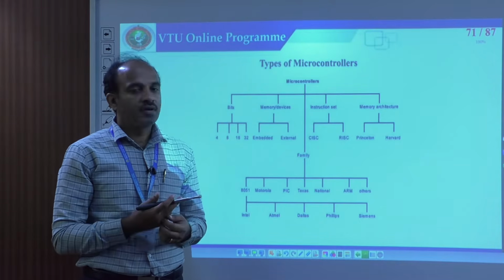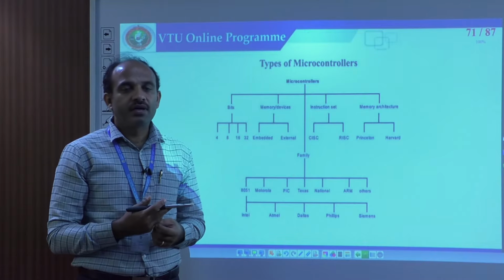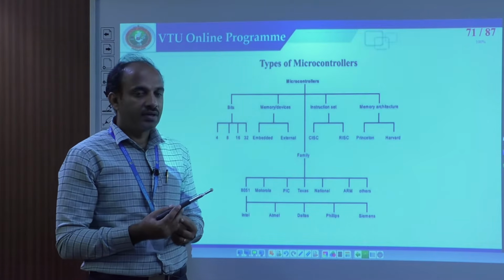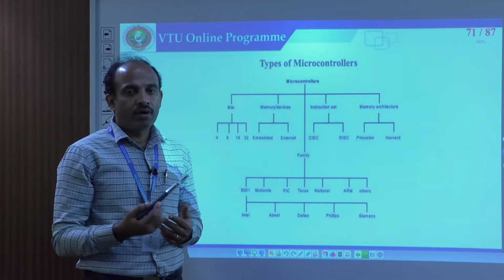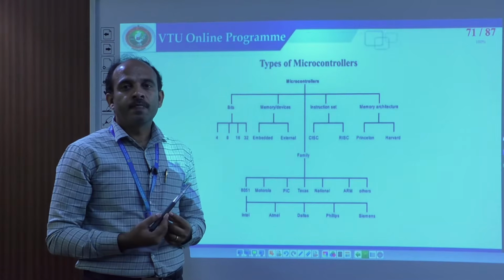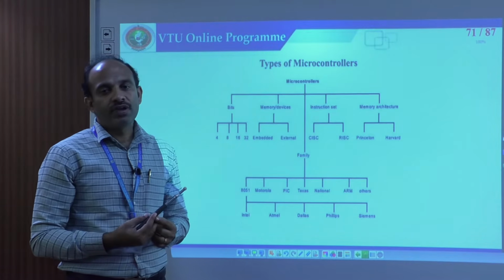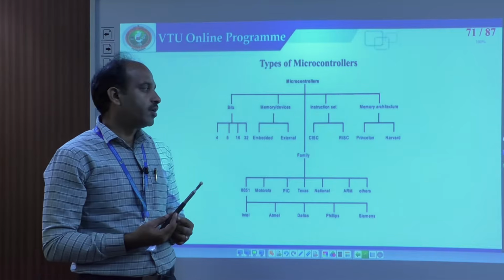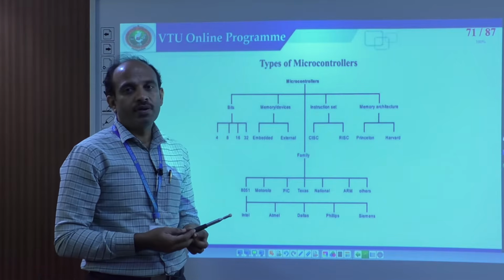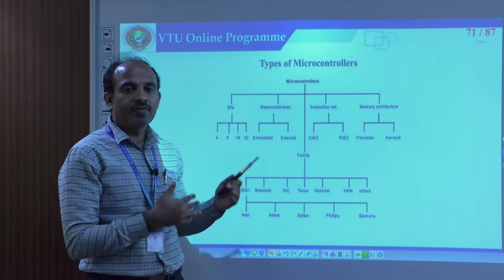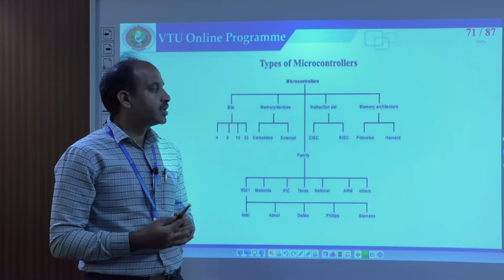But RISC is one cycle per execution time, one cycle for one instruction. So obviously it will increase the number of lines of code. When the number of lines in a code is higher, the compiler needs to do more work, because it has to translate from one language to another language.